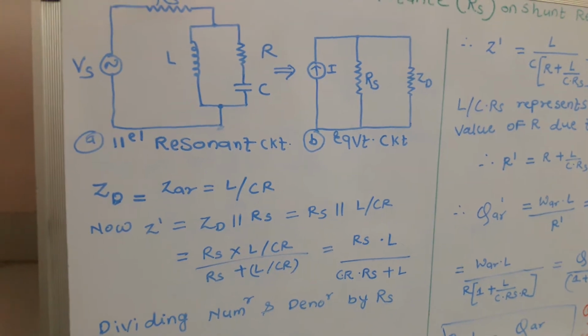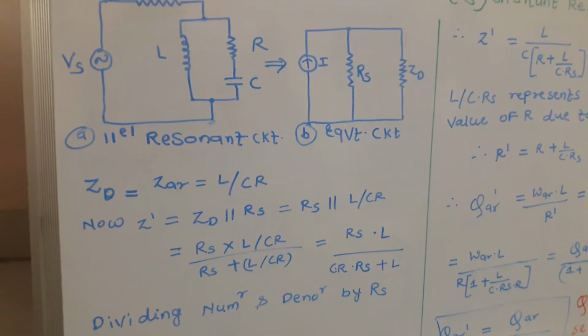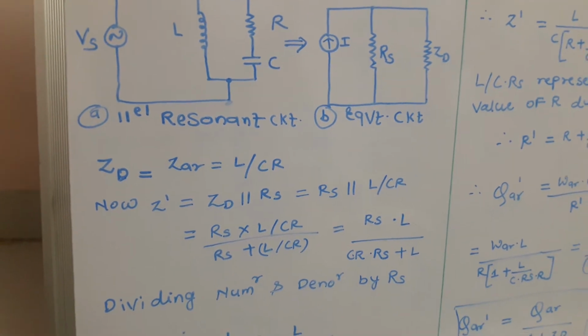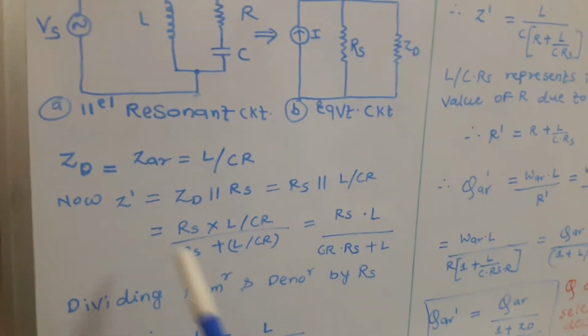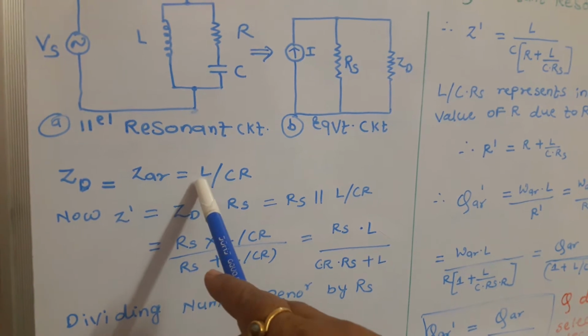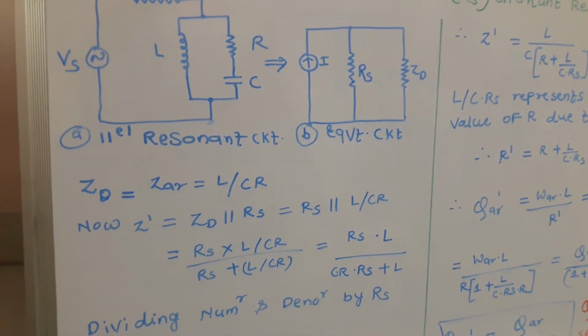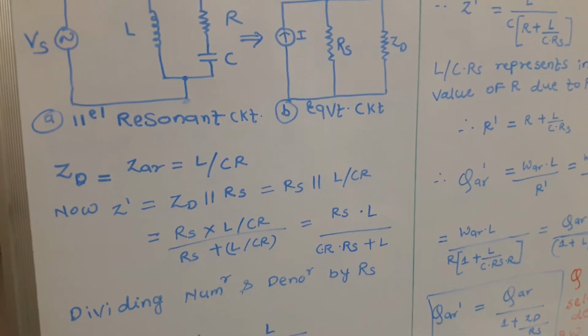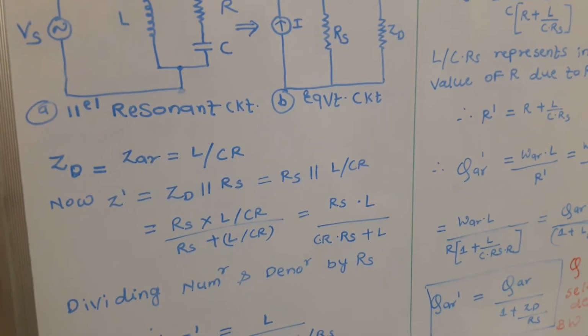We know the formula for dynamic impedance of a parallel resonant circuit: ZD is equal to L divided by CR. This we had derived in previous videos. You can refer to previous videos for this.